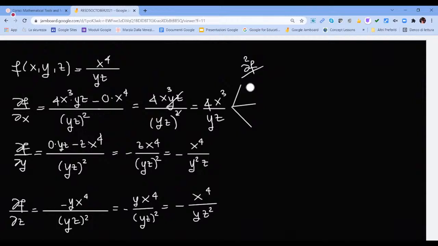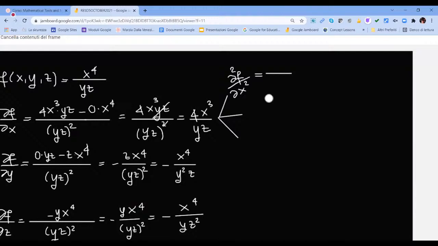That means we take the square of y and z that we have on the denominator, and then we multiply by the derivative of 4x to the third, and in this case it has a value 12, because it's 3 times 4 multiplied by x squared, times the denominator as it is, y and z, minus something that is 0, because I should derive with respect to x the product y and z that I can consider as a constant. So that is what remains.